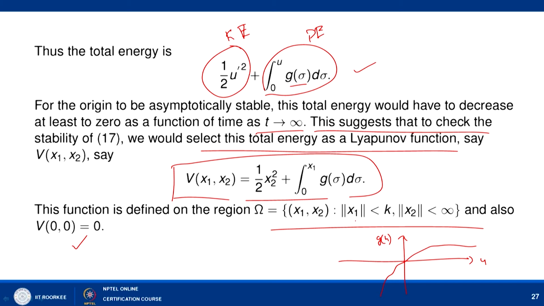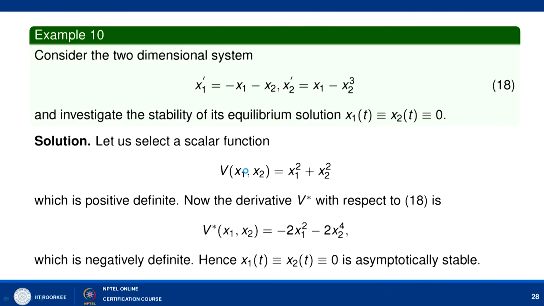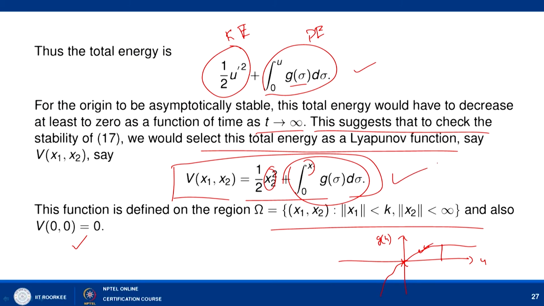If we take u between 0 and x1, then it takes only positive values, so this integral takes only positive values. So V of x1, x2 is all the time positive, vanishing only at the point where x1 is equal to 0 and x2 is equal to 0. It vanishes only on the origin, and at all other points it takes only positive values. So V of x1, x2 is given as this, which is considered the total energy function.